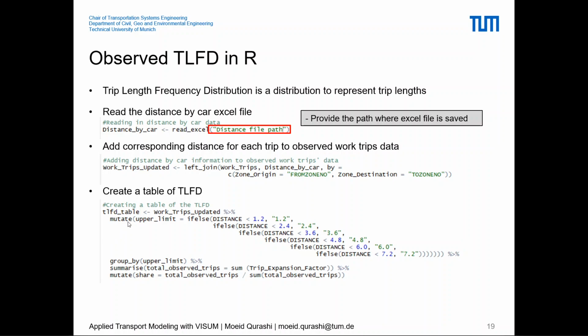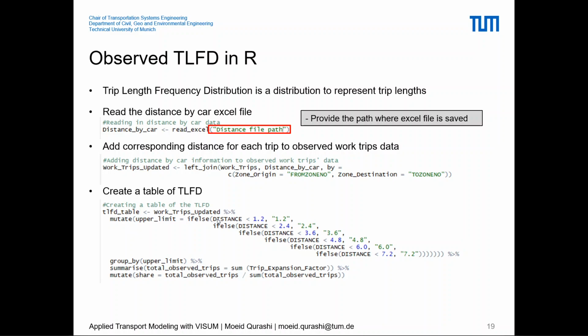It will first run this if else statement and work only on the trips which have the distance less than 1.2, and then we will group by all the distances that are less than 1.2, then those between 1.2 to 2.4, and then 2.4 to 3.6.